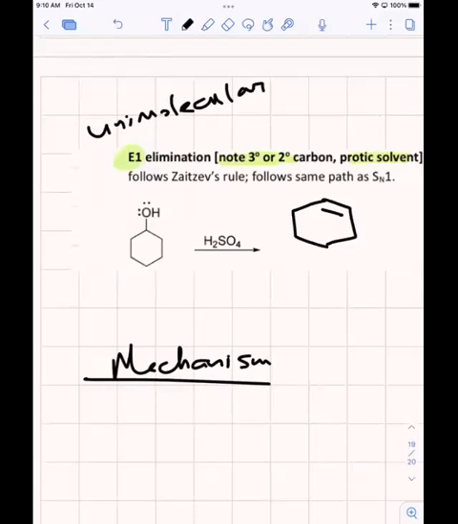If I say that the reaction is unimolecular, what information can we draw from that?